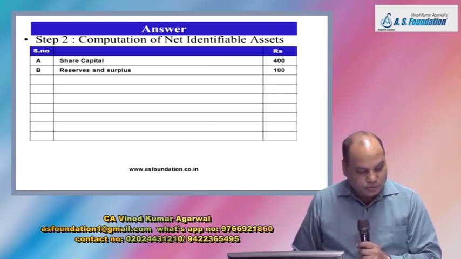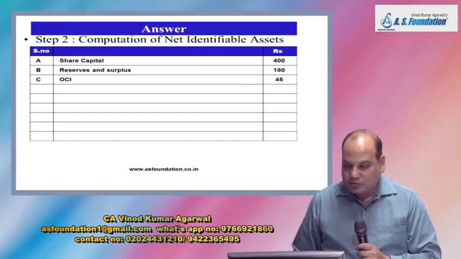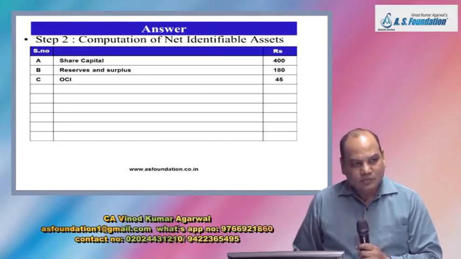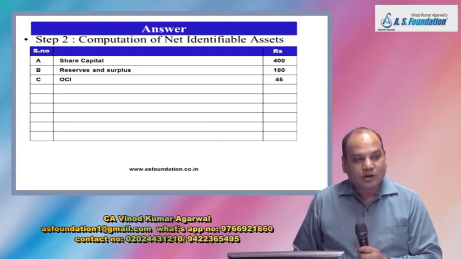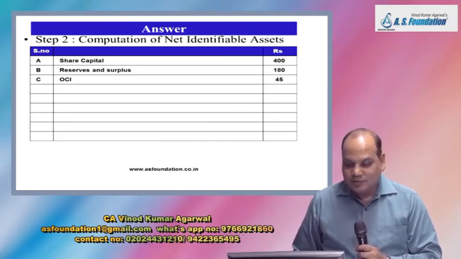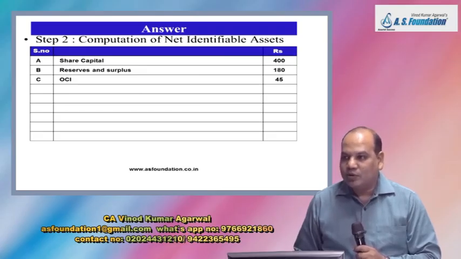So write down, dear student, first write down share capital 400. Keep writing. Share capital 400. Reserve 180. OCI 45. This gives me the carrying amount of the net asset. Correct?